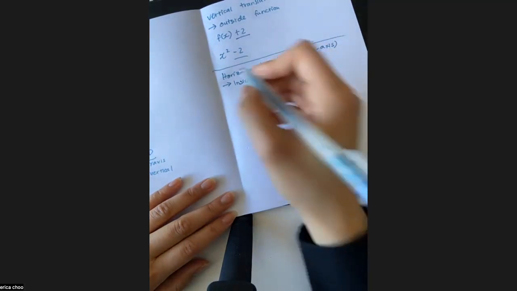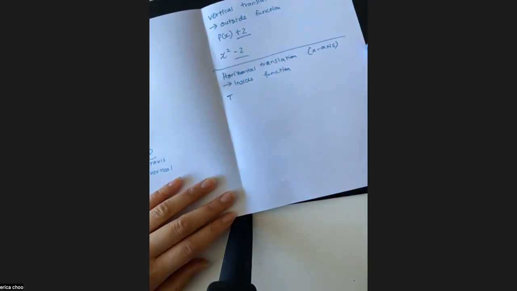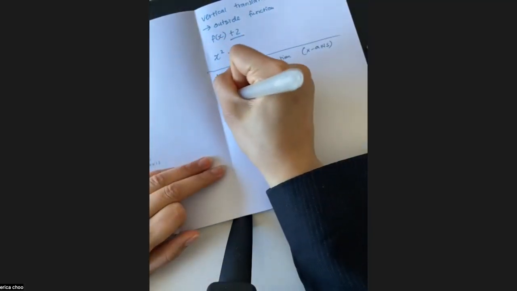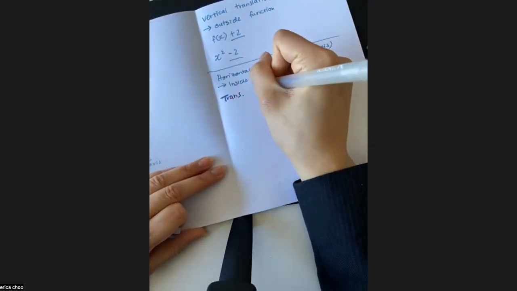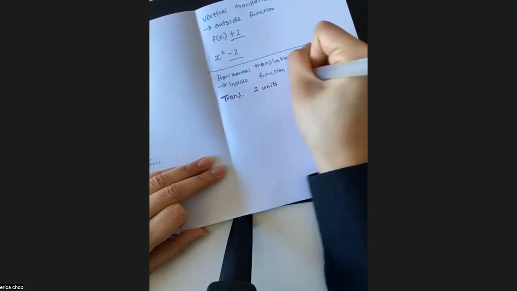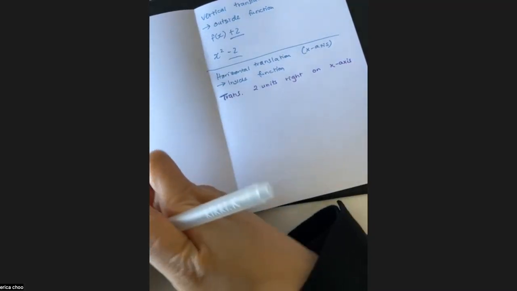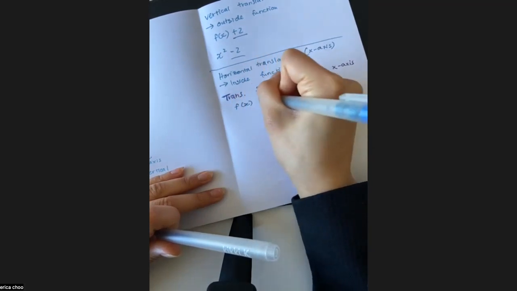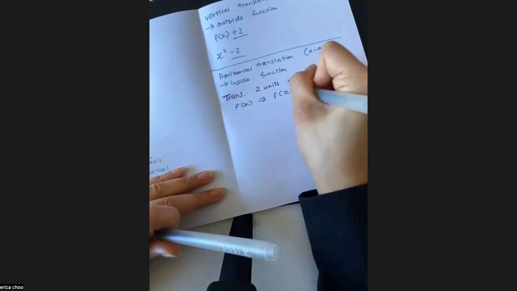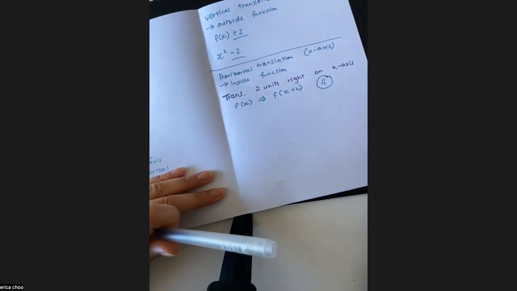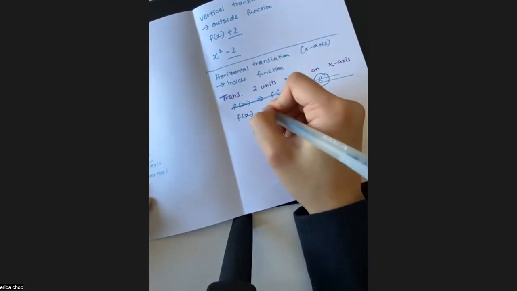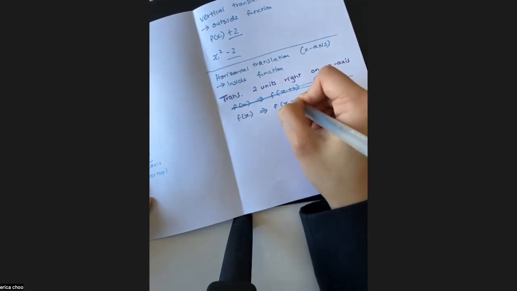If I say I want to move 2 units right on the x-axis, you might be tempted to think that f of x becomes f of x plus 2. Wrong. Because we're dealing with the inside function, it's a bit different. What we have to do is use null factor law to get f of x minus 2.